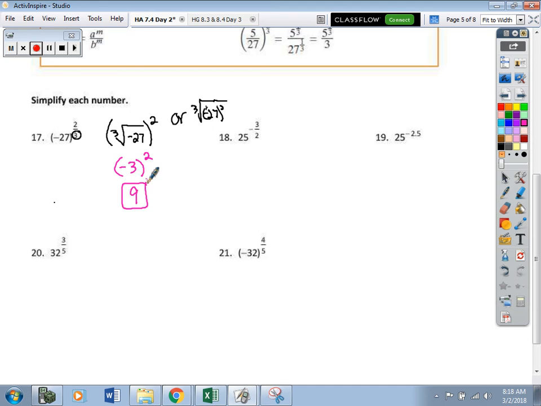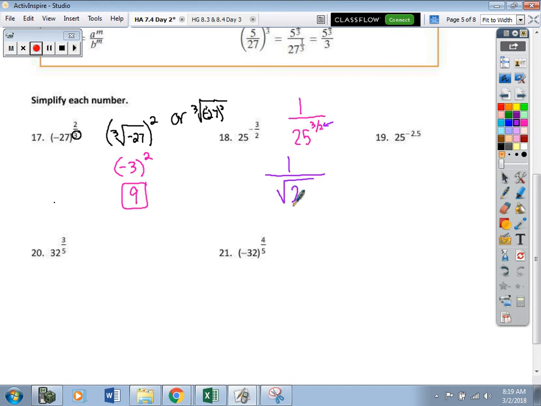Now the next couple have a negative, so we have to first use our negative exponent rule, which would be 1 over 25 to the positive 3/2 power. And now I'll do 1 over the square root, sorry. Denominator is our index.